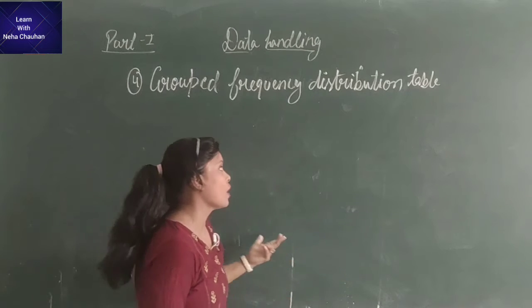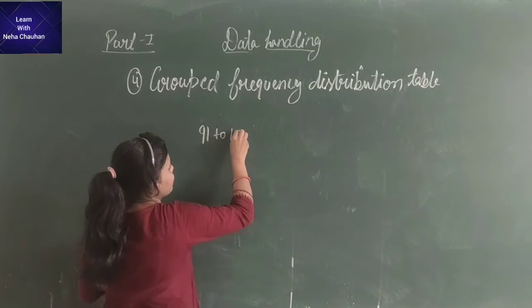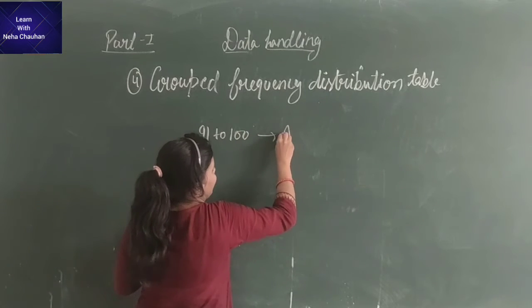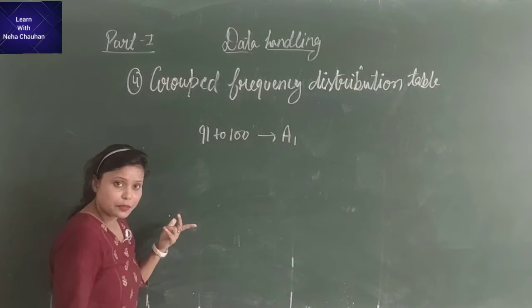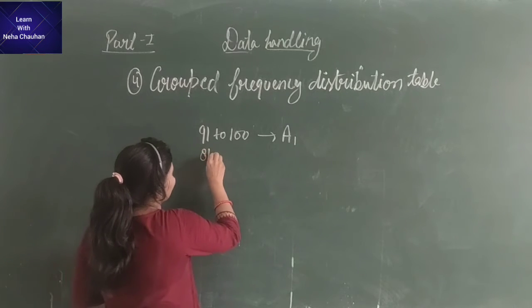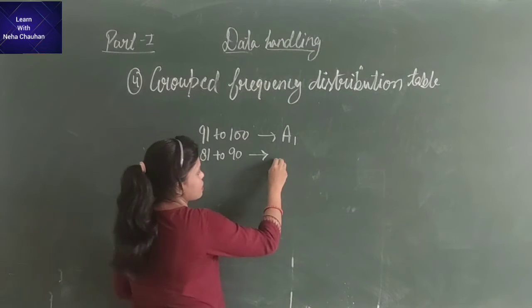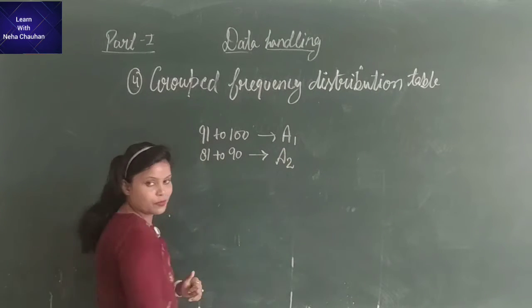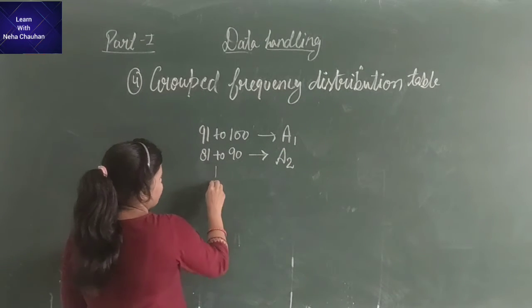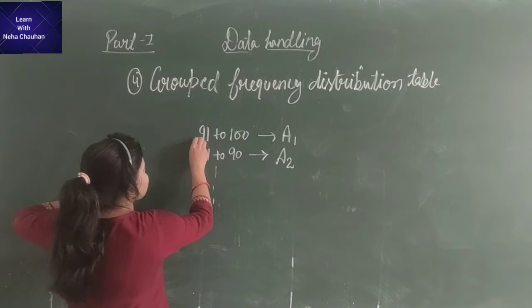The student got marks between 91 to 100 graded as A1, right? Student scored 81 to 90 graded as A2, right? And so on, right? So this forms a group.